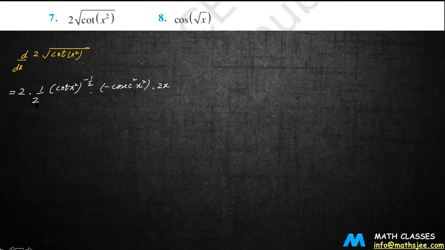So this 2 and 2 will get cancelled out. And then you can convert these terms. This cot of x square, you can write as 1 upon, that will be under root sine of x square upon cos of x square, and x is already there, so minus 2x in fact.